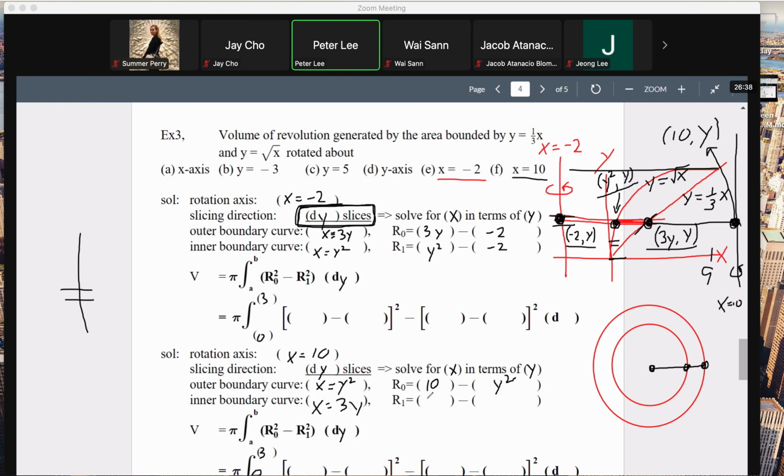And the inner radius is going to be from here to here. To write the distance, we're always going to write right minus left. So therefore, 10 minus x equals 3y. So this is 3y. And then you have to calculate this.